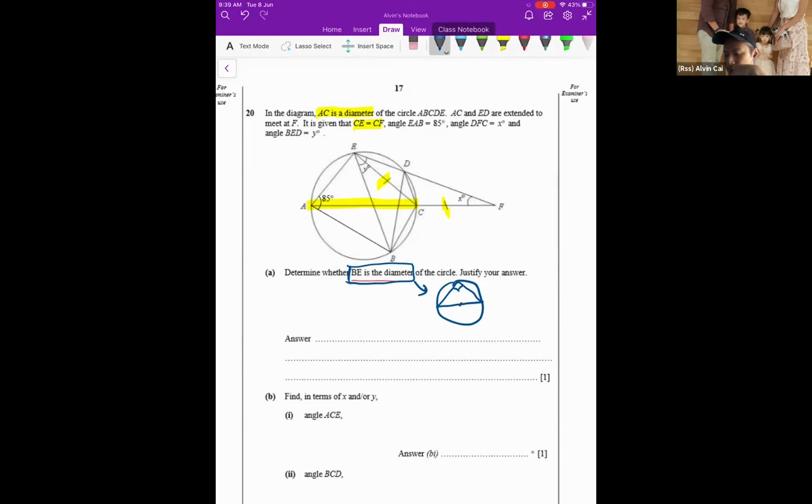So a triangle formed with the diameter touching the circumference is always 90 degrees. The key thing is we are asking whether this is a diameter, so what we need to check is whether this is 90 degrees or this is 90 degrees.